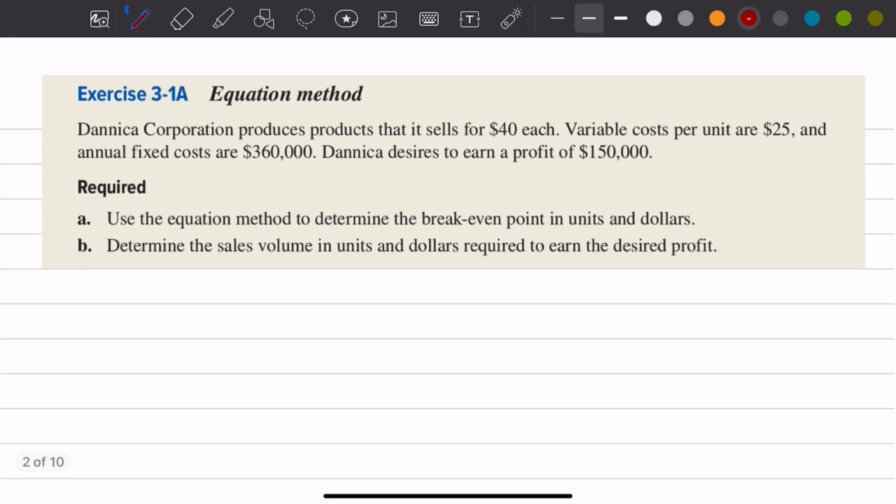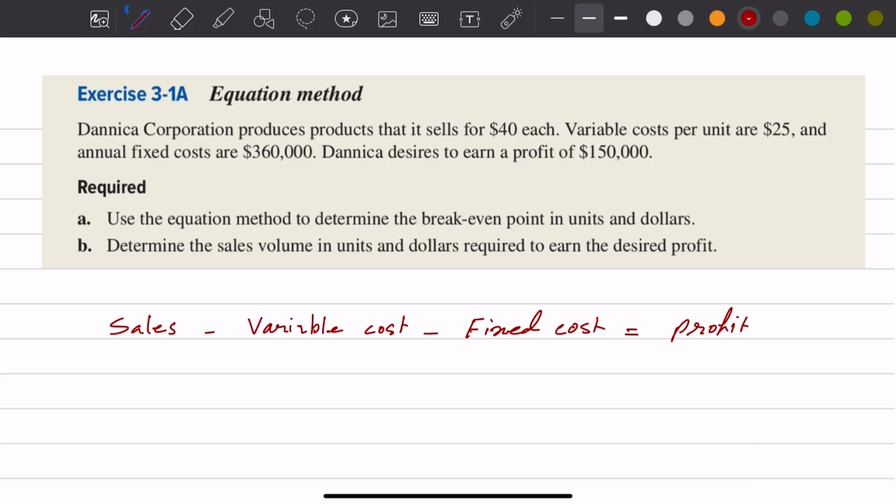Starting with the equation method, or the main equation that we use, which is the basic contribution income equation, which states that sales minus variable costs minus fixed costs should equal the profits.